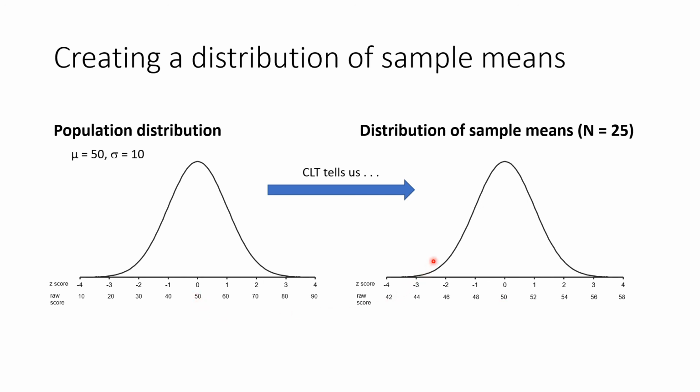We know that it will have a normal shape if the original population has a normal shape, or if the sample size is relatively large. We also know that the spread of the distribution of sample means, the typical amount of sampling error, the standard error of the mean, will be equal to the population standard deviation divided by the square root of n. That's a lot to know before you even start your study, and that will allow you to design your study more effectively.